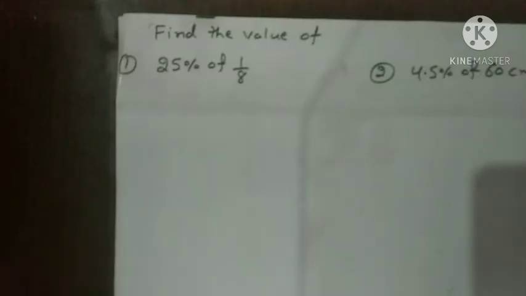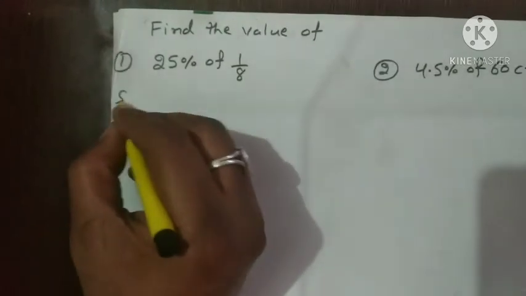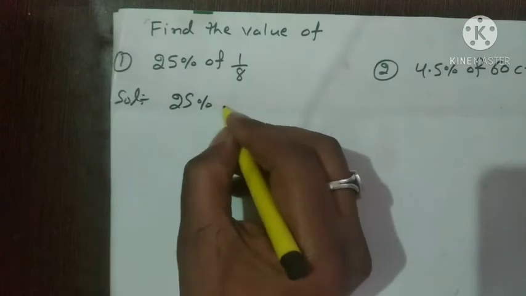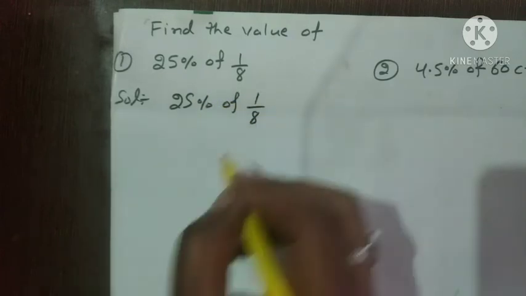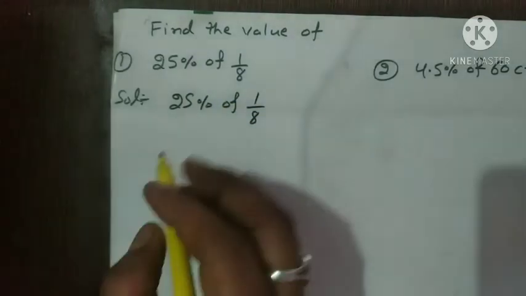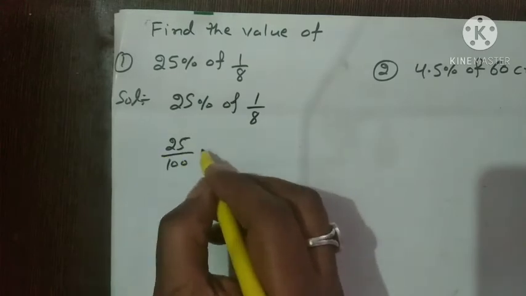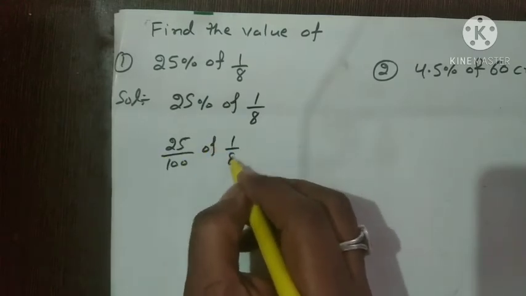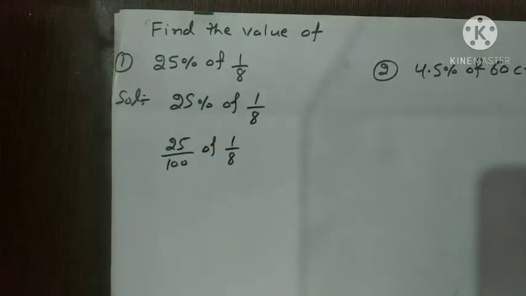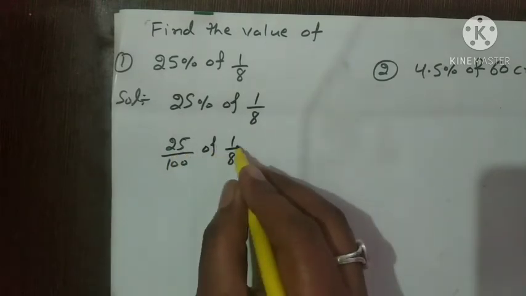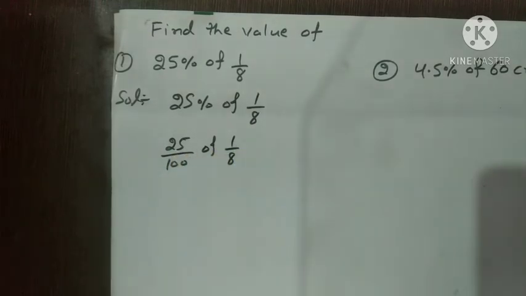Now we will find 25% of 1 by 8. 25% of 1 over 8. Now 25%, it means 25 over 100 of 1 by 8. Now you see, you will multiply 25 with 1 and 100 by 8.